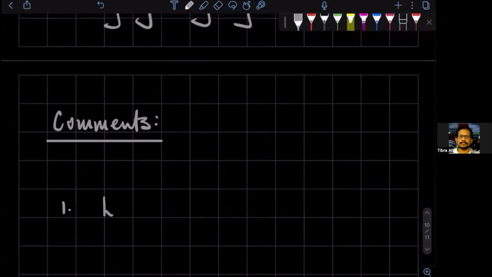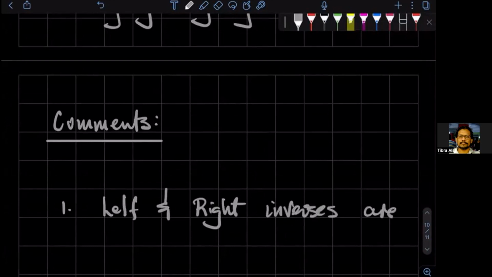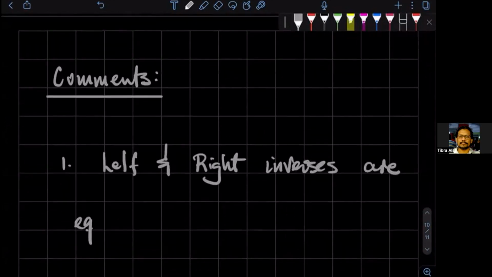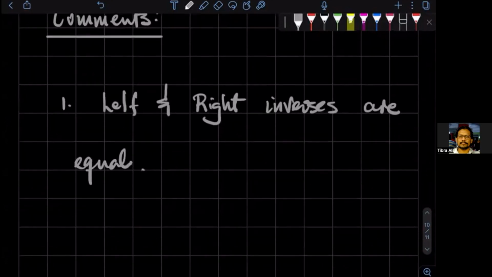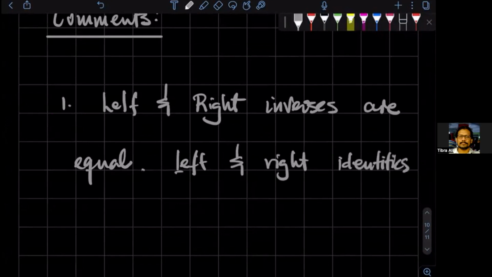Yeah, the left and right inverses are equal, meaning that they're the same element. That's the first thing you have to prove. And then the left and right identities are also equal, so the same element.